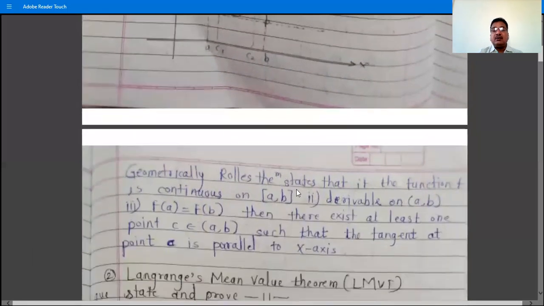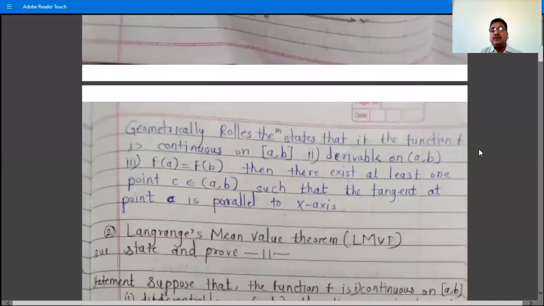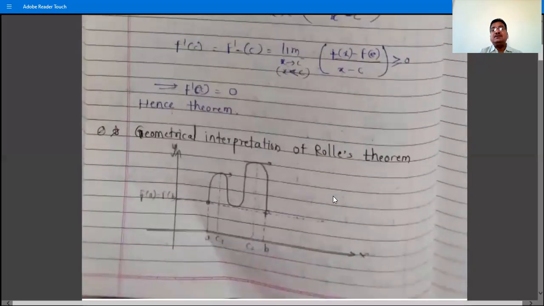Then geometrically, Rolle's theorem states that if the function f is continuous on the closed interval [a, b] and differentiable on the open interval (a, b), and the third condition f of a is equal to f of b, that is, if the function satisfies the 3 conditions of Rolle's theorem, then there exists at least one point c belonging to the open interval (a, b) such that f dash c is equal to 0.